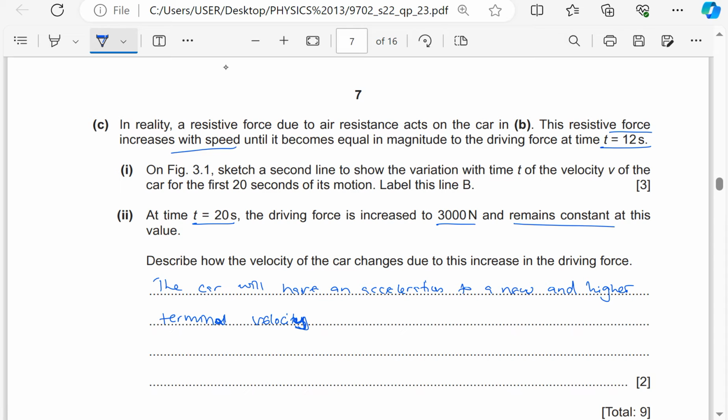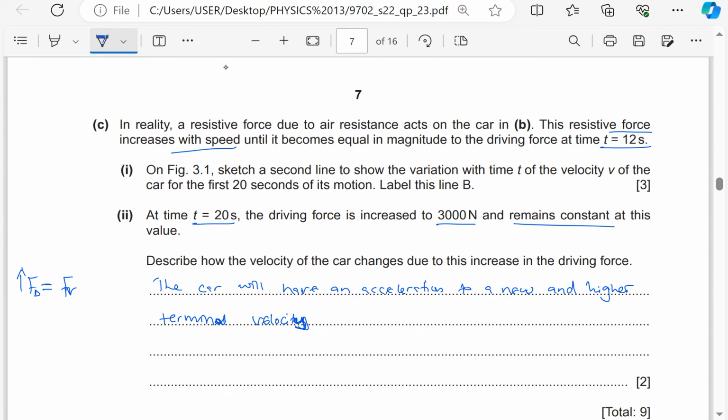In reality, there is a resistive force. The resistive force increases with the speed until it becomes equal in magnitude to the driving force. So here, because the driving force has been increased, the air resistance must be bigger to balance it.